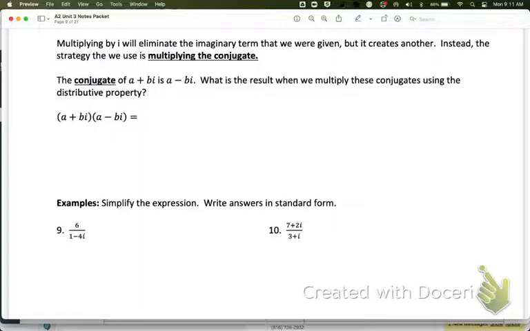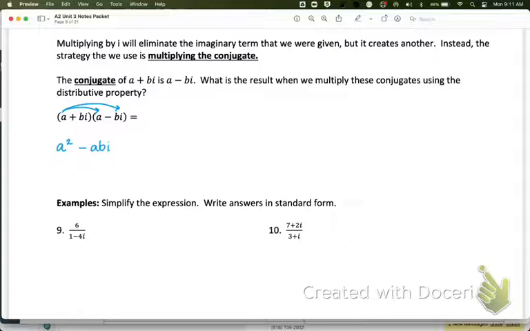What's the result when we multiply conjugates times each other using the distributive property? Well, let's see what we get. If I multiply using the distributive property, or FOIL if you like, we're going to do a times a. That's going to give us a squared. And then a times negative bi is going to be negative a times b times i.